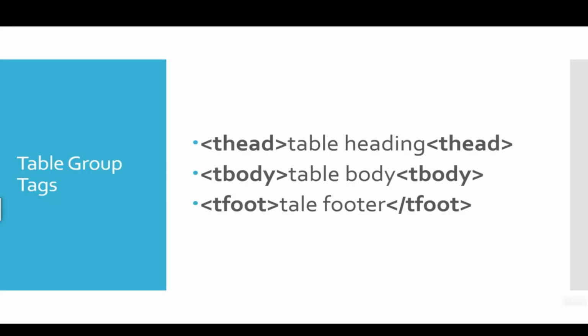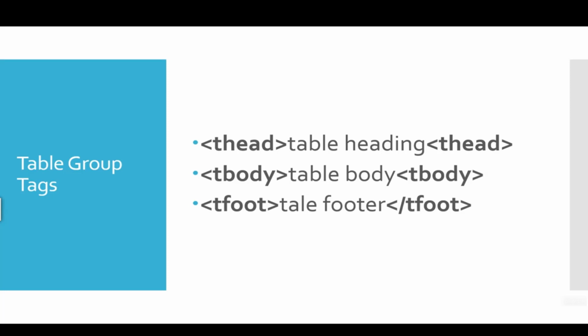The next tags we have are the table group tags. In table group tags, if you want to organize your table heading, table data, or table footer in an organized way, you can use thead for the table heading, tbody for the table data, and tfoot to organize your table as a footer.